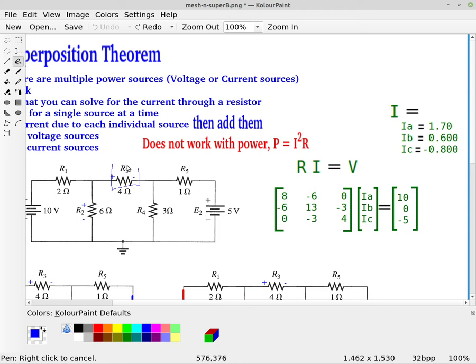So I'm going to apply superposition to solve the current through R3. So I'm looking for I3, the current through resistor R3, and that of course is using mesh analysis for the full circuit. That is actually equal to 0.6 amperes.